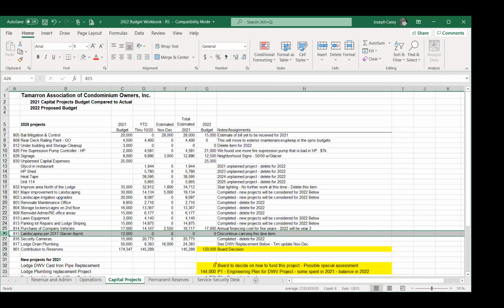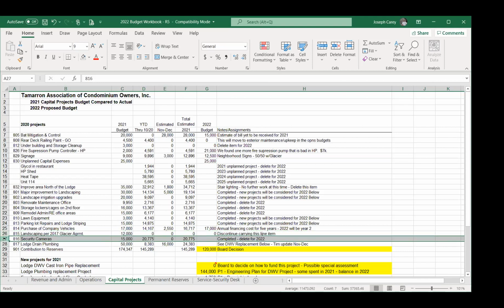There was going to be a landscaping plan submitted by Glacier that fall. It didn't happen the next fall. So 2017, 2018, 2019. Well, it's almost 2022 and nothing's ever happened on that. So statute of limitations, bye-bye.